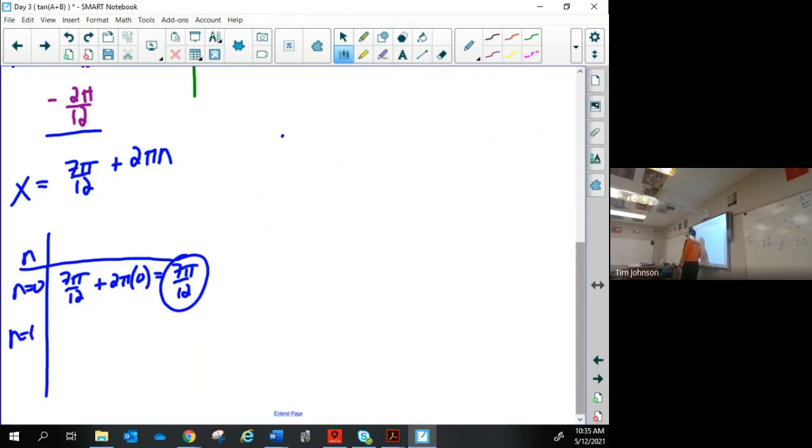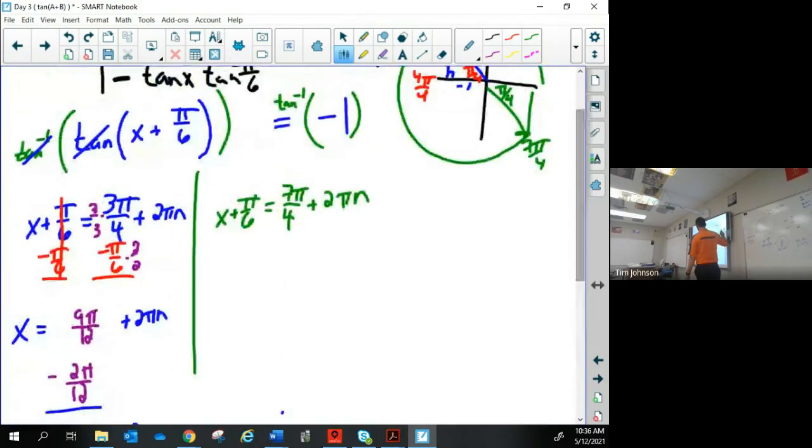Because if I did n as 1, I'm gonna have to add on another 24 pi 12ths onto this, and that's gonna come out to give us 31 pi 12ths, and that's more than 2 pi. So that one's out. So there's my answer, 7 pi 12ths for equation 1.